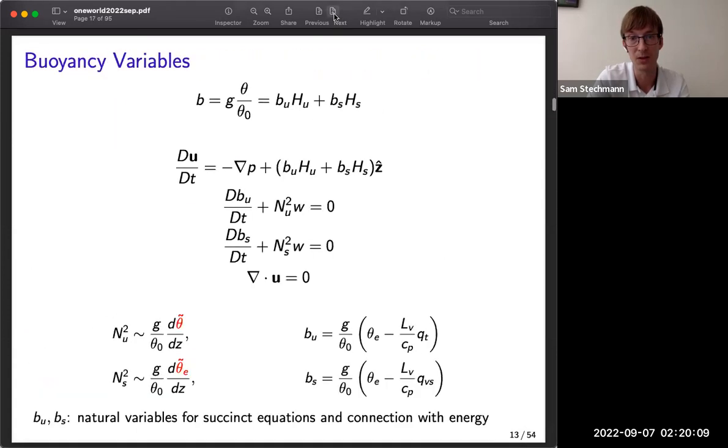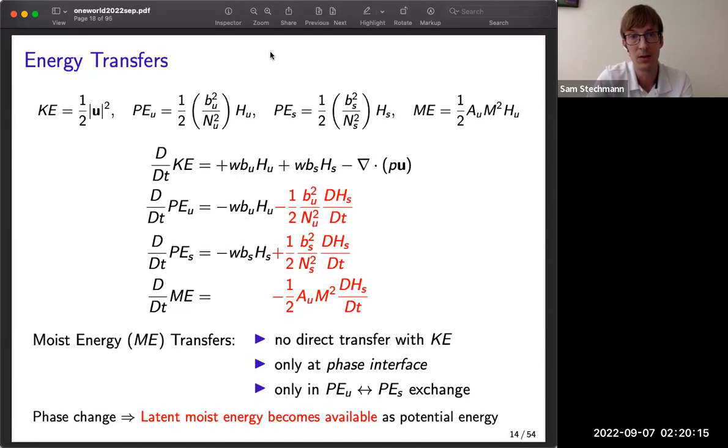And to make that explicit, I can write out the energy transfers. So if I write the evolution equations for each of these 4 pieces of the energy, the kinetic energy has these terms from the buoyancy, and it's split into 2 pieces now, depending on what phase we're in.